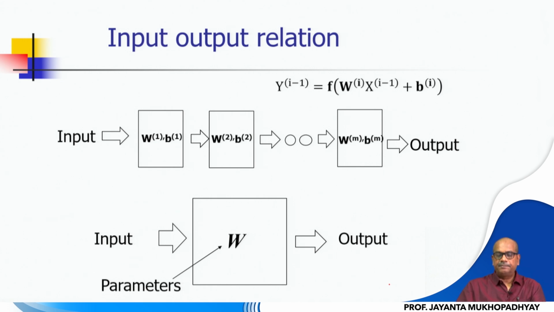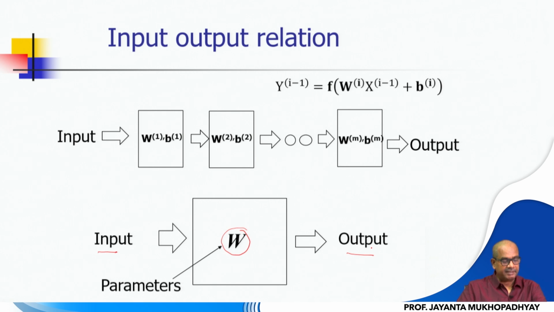The objective of this problem is that we would like to tune these parameters. We would like to get that set of parameters which will maximally corroborate the input-output specifications that are given.